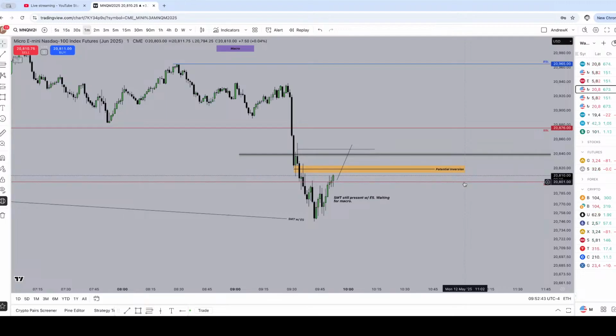See that? Damage is already done. Doesn't really need to go lower. So look for that potential inversion.